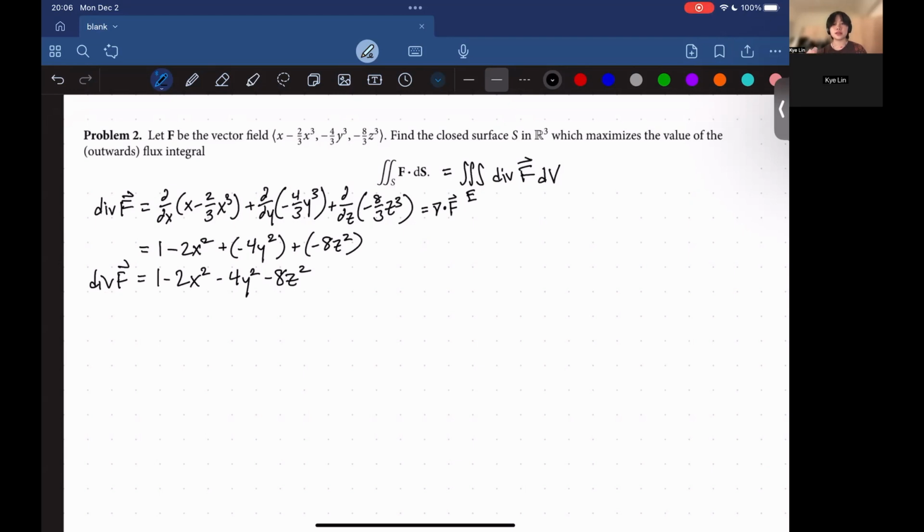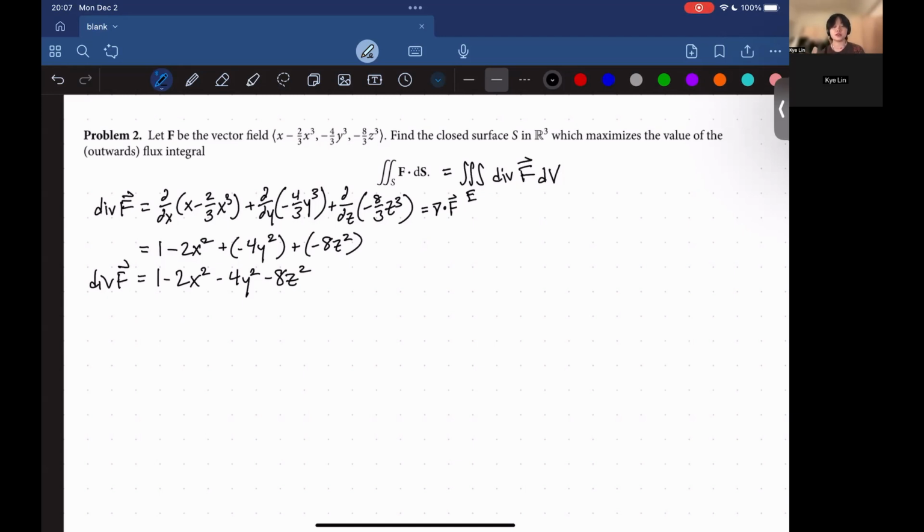To get the maximum value of an integral, we want to integrate over something that matches this divergence of F as closely as possible, like covers all of it.